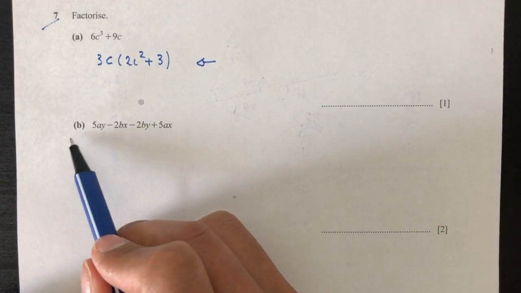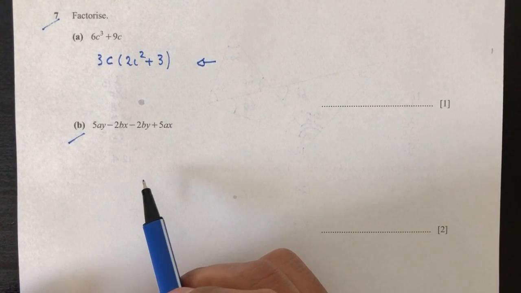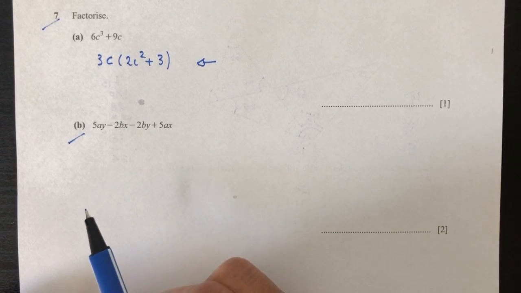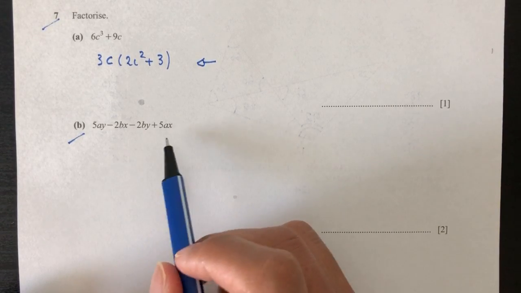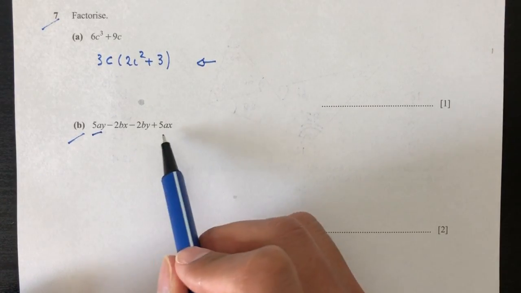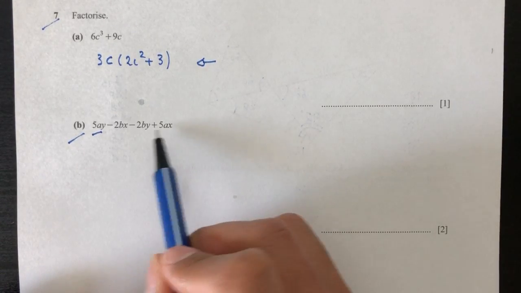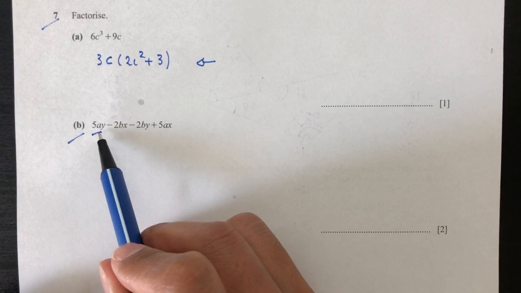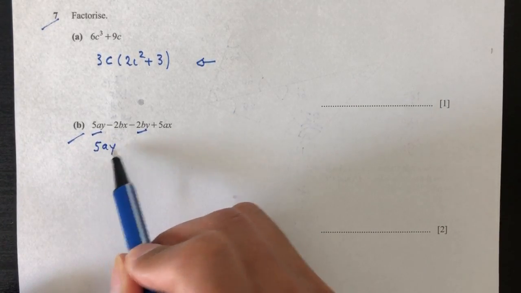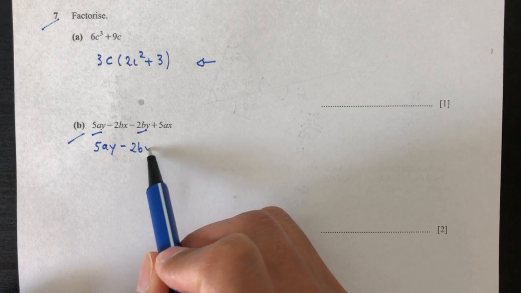Now for part B, we have 5ay minus 2bx minus 2by plus 5ax. So let's bring the one that is the same. Let's bring this one, and let's bring this one and this one together. So we have 5ay minus 2by.